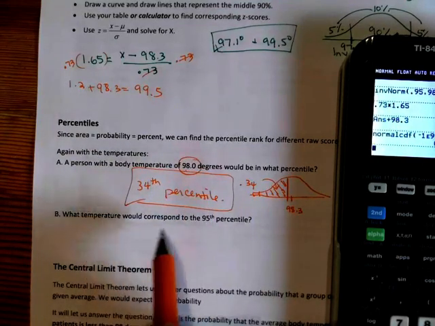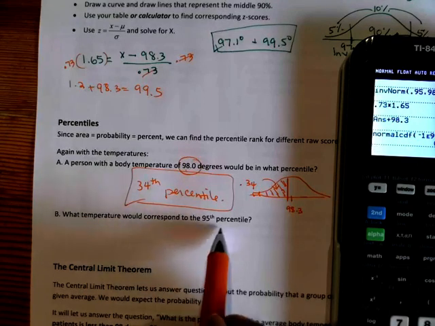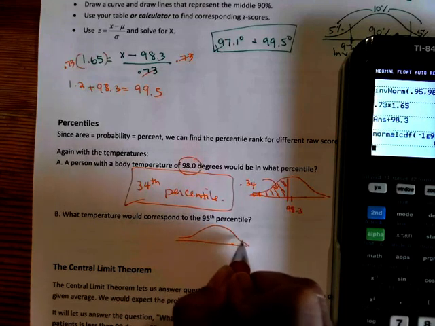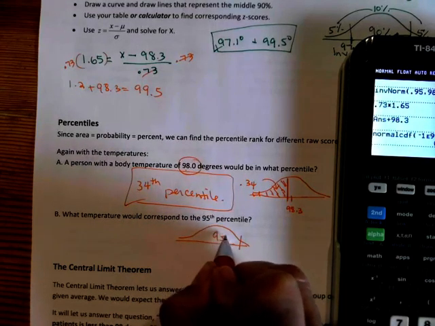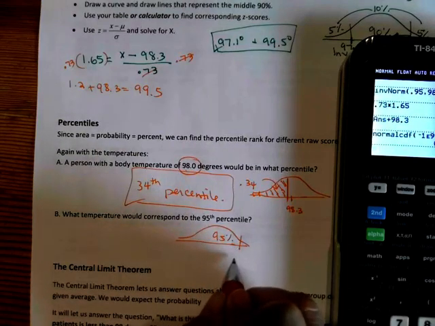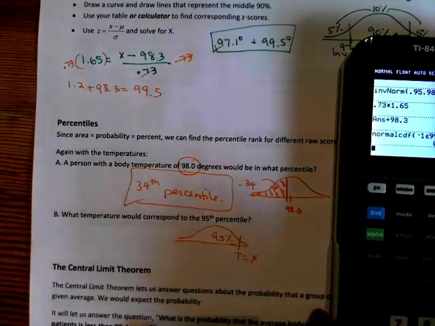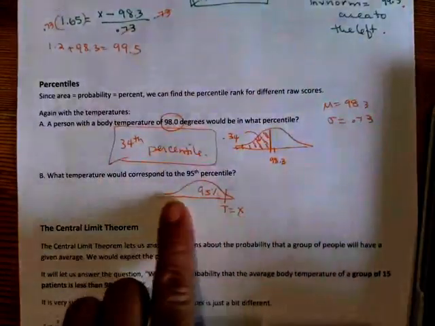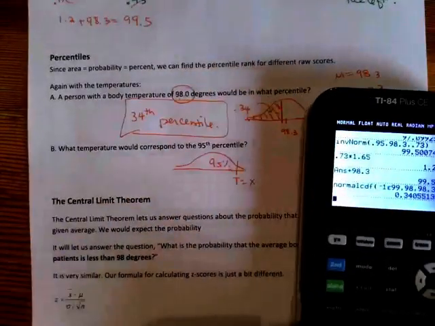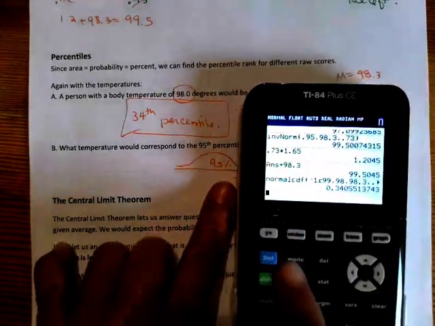Okay, so what temperature would correspond to the 95th percentile? So this time I know the percent, and I want, so the lower 95%, 95th percentile. What temperature, what x value, cuts off the lower 95%? So that's inverse normal. This time I know the percent, I want the value, so that's inverse normal.